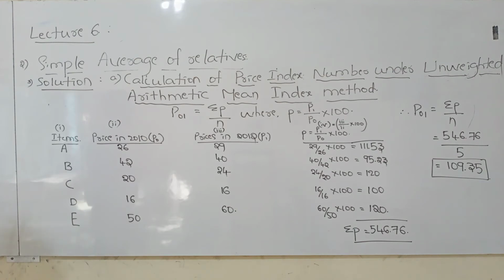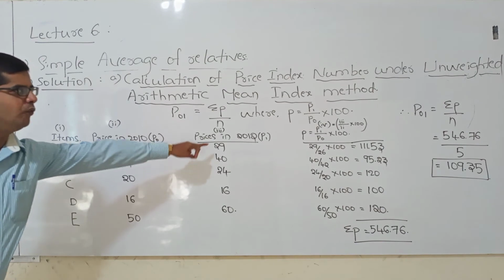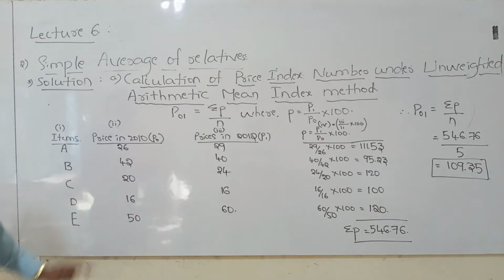Then we calculate P. To calculate P, we need P1 given in the question and P0 given in the question. That's what we are preparing in the columns.